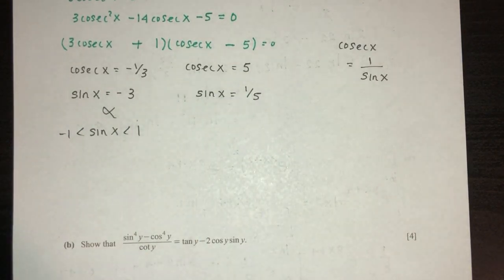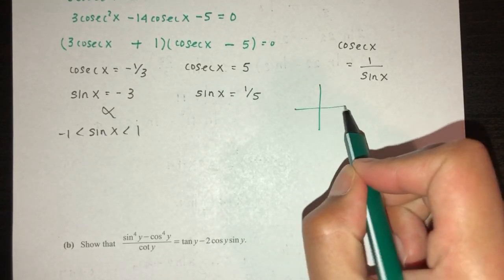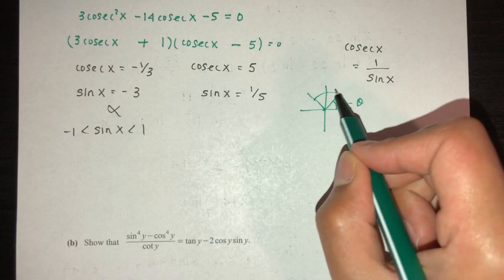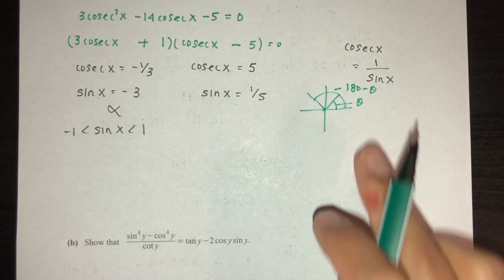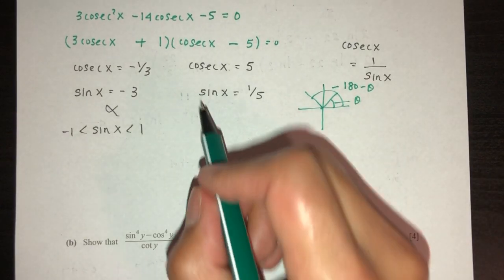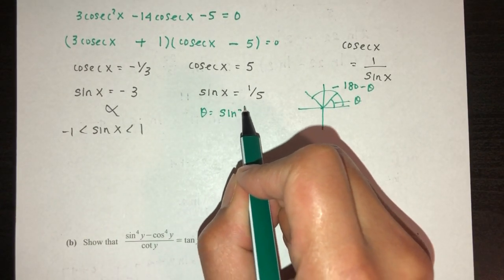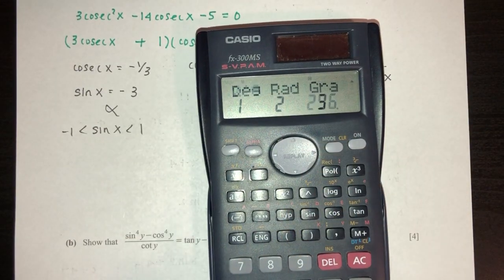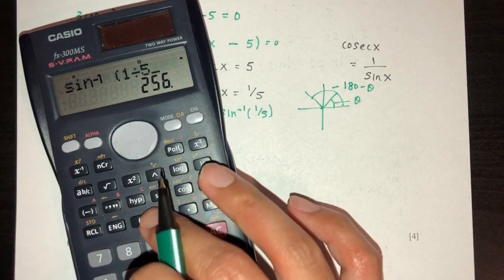Now for this one, since sin is positive, it has to be in your first quadrant and in your second quadrant. The first one is theta, and this one has to be 180 minus theta. So first let's find the value of theta. Theta is equal to sin inverse of 1 over 5. We have to be in degrees, so sin inverse of 1 divided by 5.